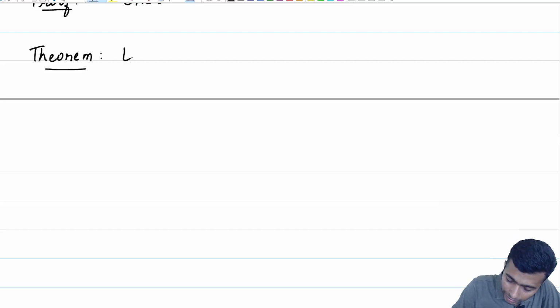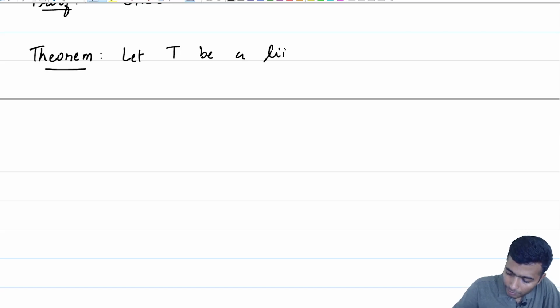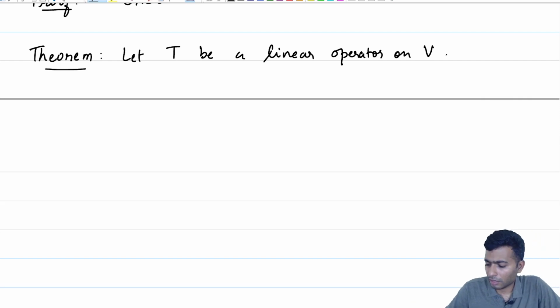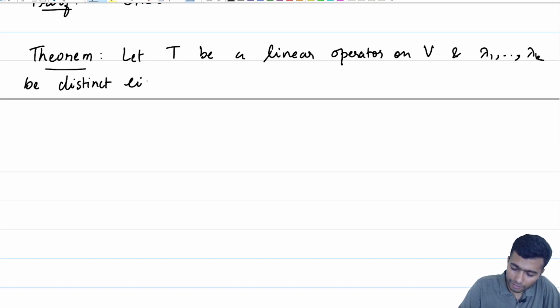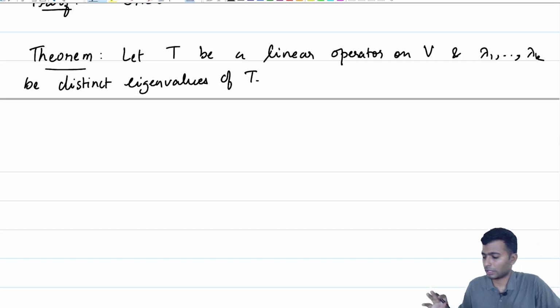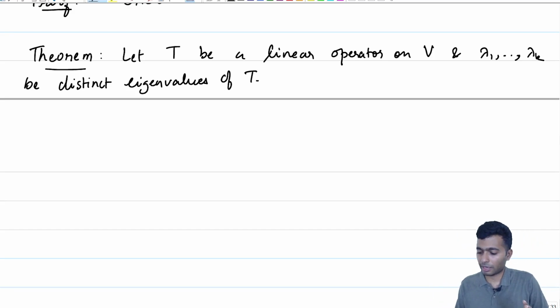So, let me write it down. Let T be a linear operator, or maybe I should just consider matrices and the same. So, let T be a linear operator on V, and let lambda 1 to lambda k be distinct eigenvalues of T. Notice that I have always carefully written lambda 1 to lambda k.